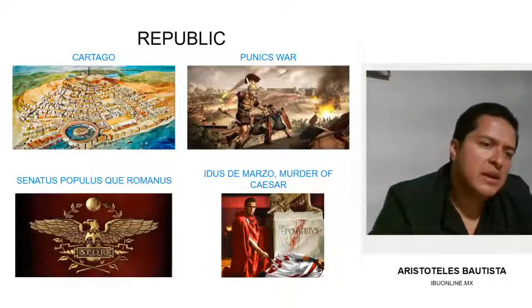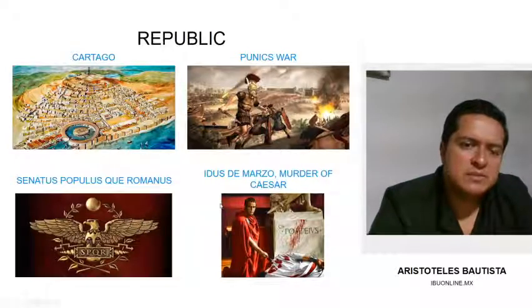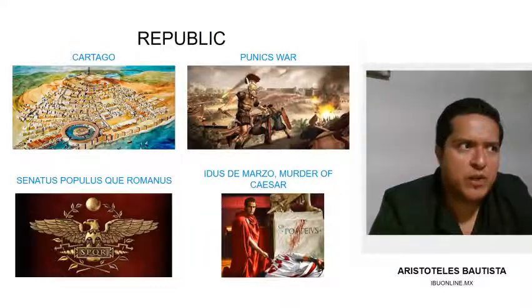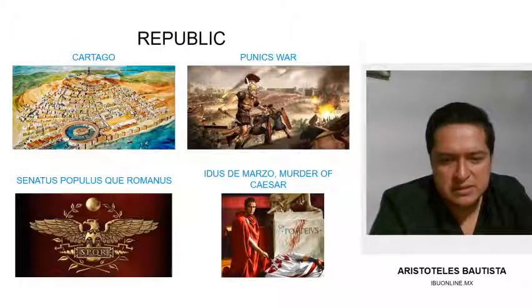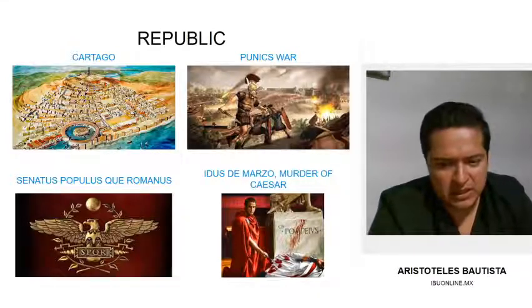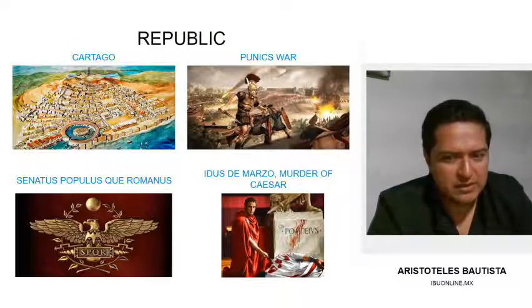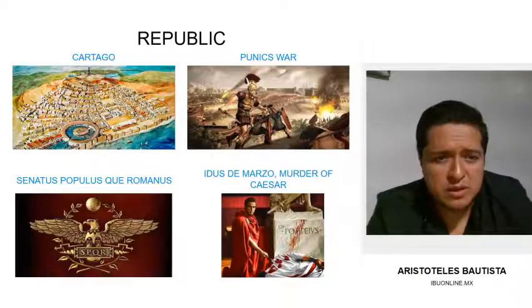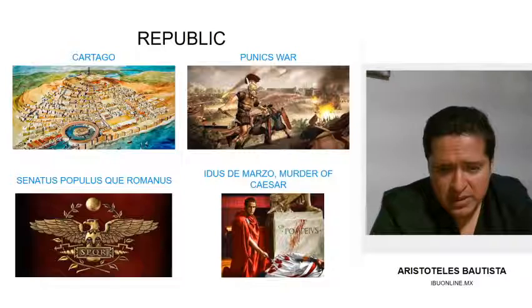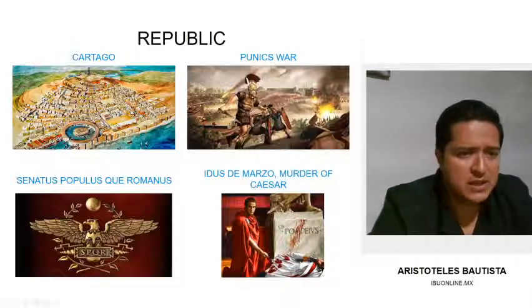Something weird happened, but it happened. I think they became a strong republic. Senatus Populusque Romanus. This is the image.